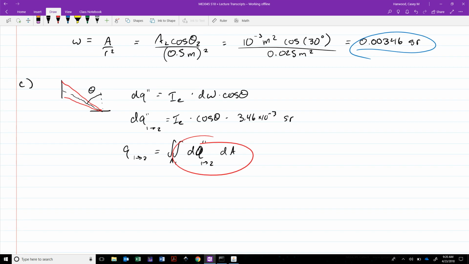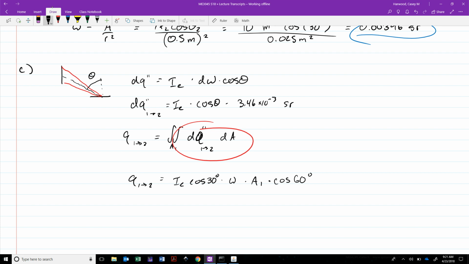So we end up saying that Q from 1 to 2 is equal to our I_E cosine theta times our solid angle times A1. That theta, we'll plug in our 30 degrees so we don't get confused, times cosine of 60 degrees.